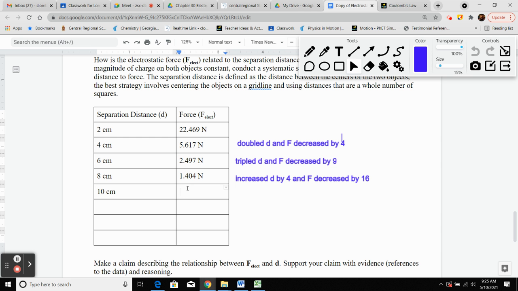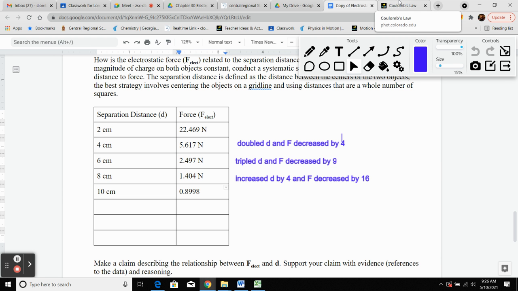So I'm going to do this in my calculator before we even go there. I'm going to do 22.496, and I'm going to divide that by 25. And my calculator says it should come out to be 0.8998. That's what it says it should be.